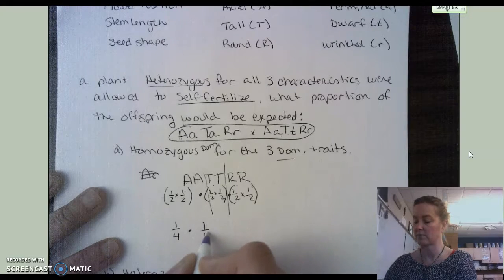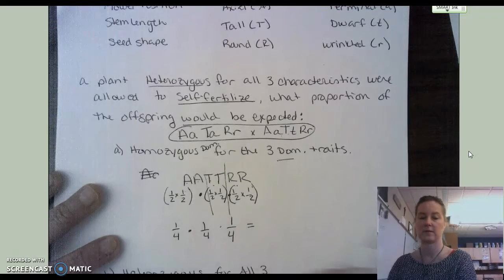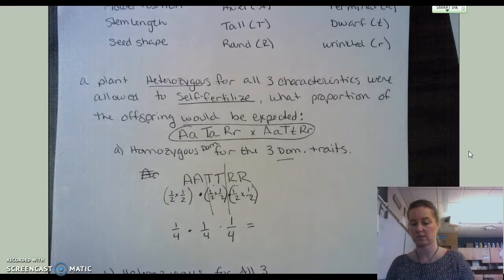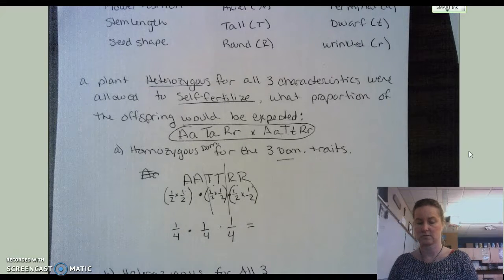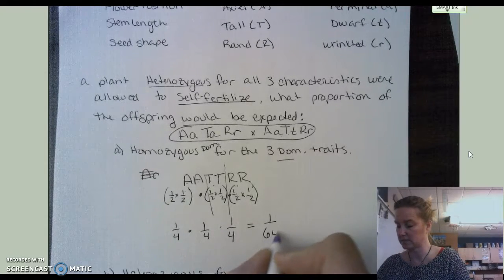And that is going to give me 4 times 4 is 16, and 16 times 4 is a number I have to use a calculator for. So let me pull that up real quick. 4 times 4 times 4. That was not right. 4 times 4 times 4, I think is 64. 1 over 64.